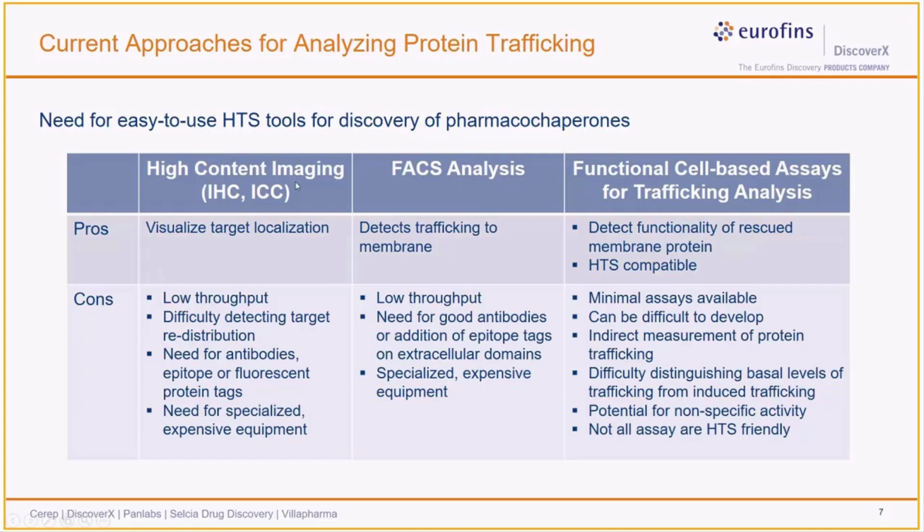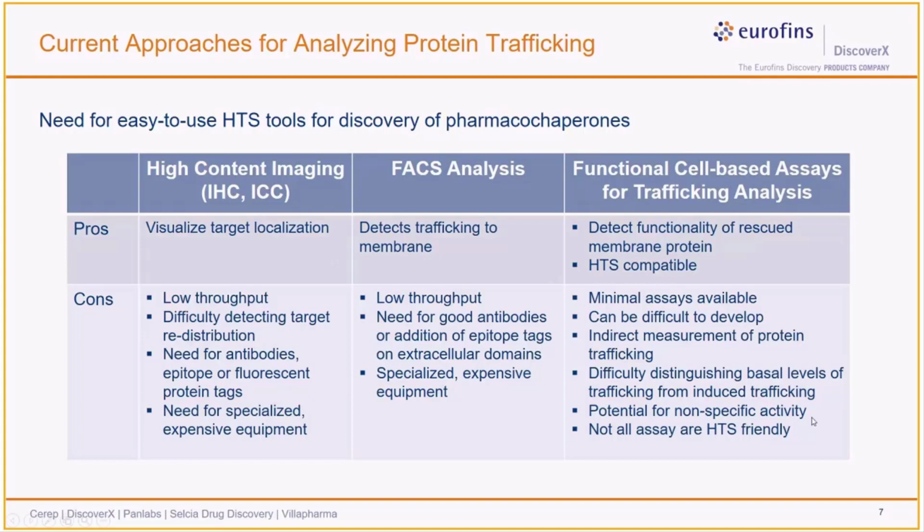This is an imaging type of approach, or FACS analysis, which stands for fluorescence activated cell sorting, a specialized type of flow cytometry. They're both useful in detecting trafficking, but they have their issues with low throughput, requiring good antibodies or epitopes or fluorescent tags for the detection, as well as specialized expensive equipment like a flow cytometer.